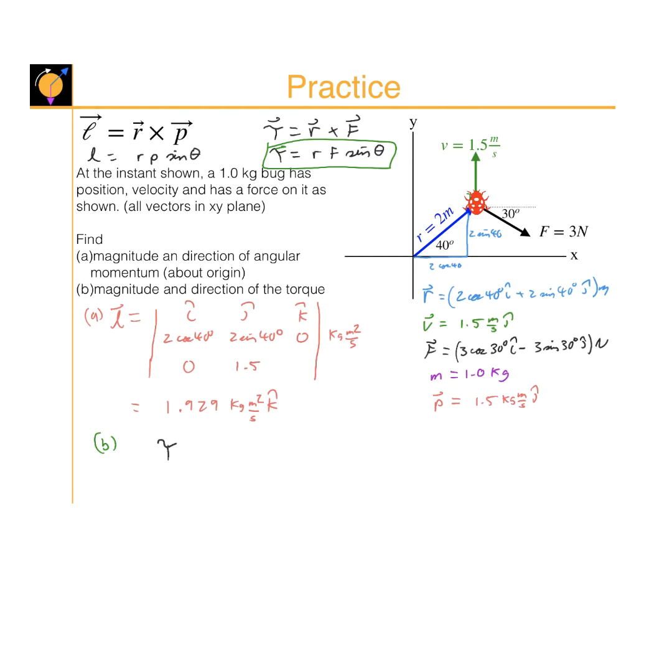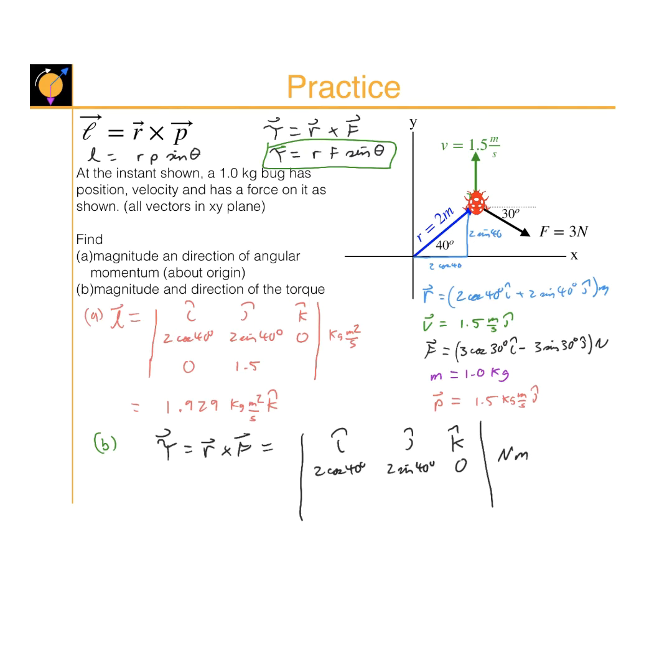So torque is R cross F, and it's similar to what we do with the cross product for angular momentum. So, for R, I would do 2 cosine 40 degrees and 2 sine 40 degrees and 0, and this ends up being 1 Newton meters out here.